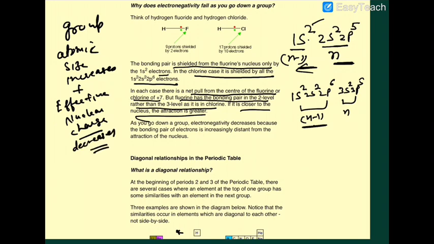So you can say that the valence electrons of fluorine are more firmly held by the nucleus than the valence electrons of chlorine. I am repeating once more, the valence electrons of fluorine are much more tightly held than those of chlorine. So that's why fluorine is more electronegative, or you can say the most electronegative.